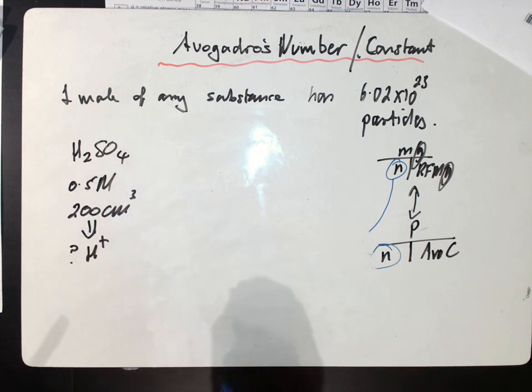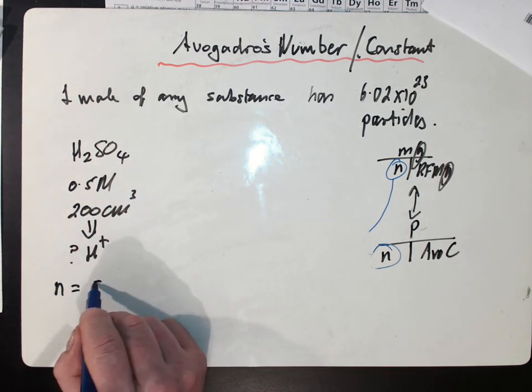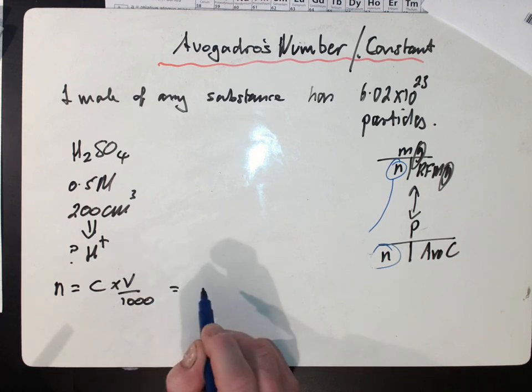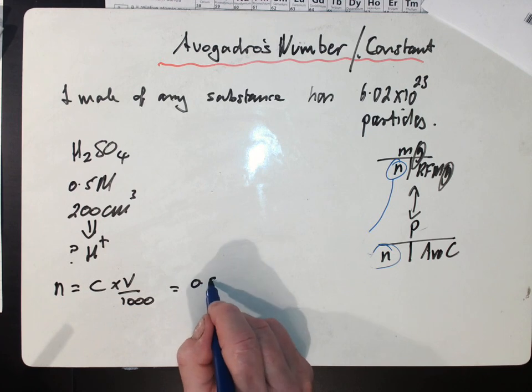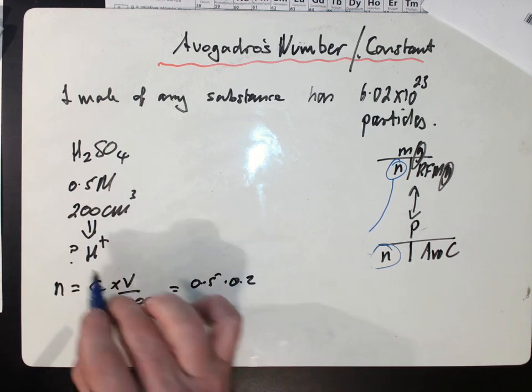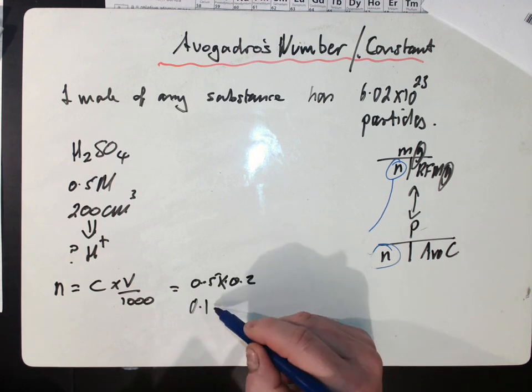So we're going to work it out slightly differently this time. Number of moles, n equals C multiplied by V over 1,000 of course, so C is 0.5, V over 1,000 is 0.2. So 0.5 times 0.2 gives me 0.1 moles.